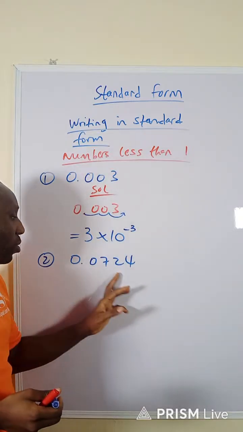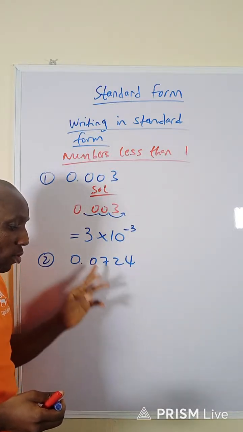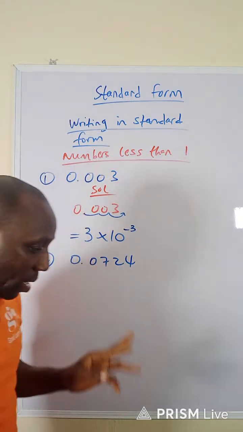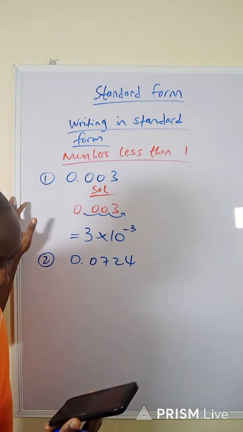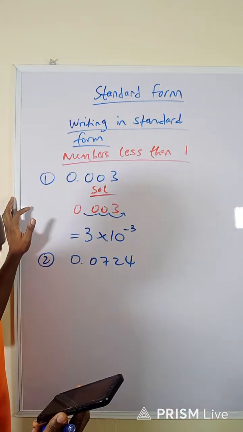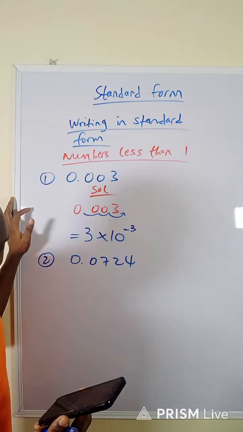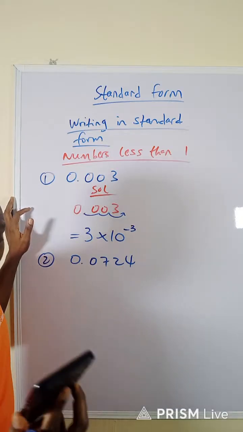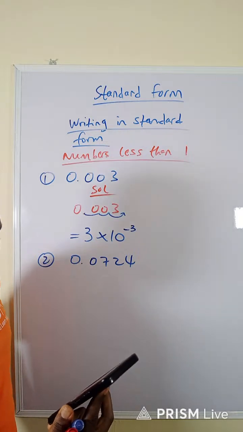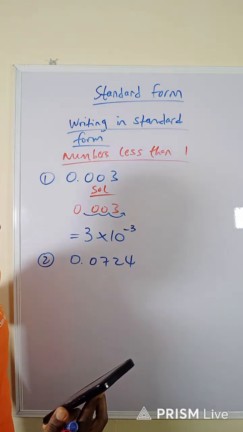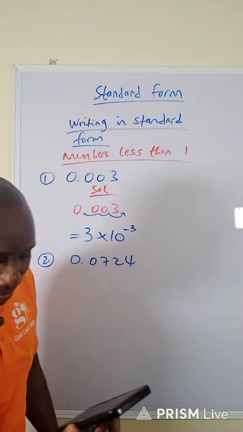So 0.0724, who is going to write this number in standard form? Anybody's going to do this for us? Ten of you, anybody should volunteer. Give me the answer. I'm looking at the chat. Please drop the answer in the chat. You don't have to be shy.